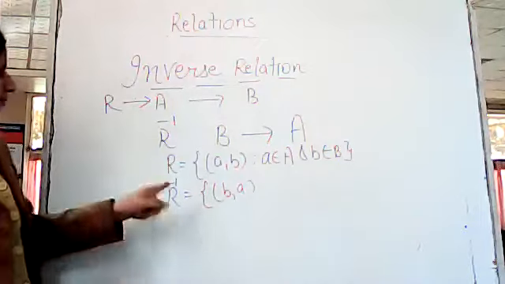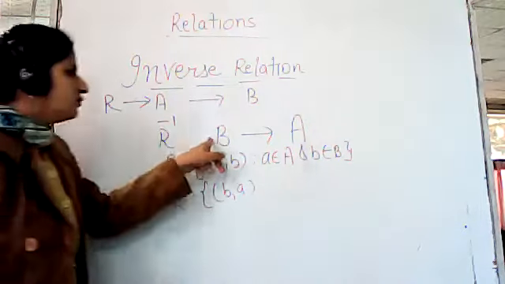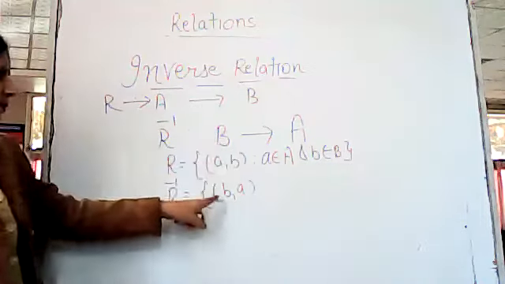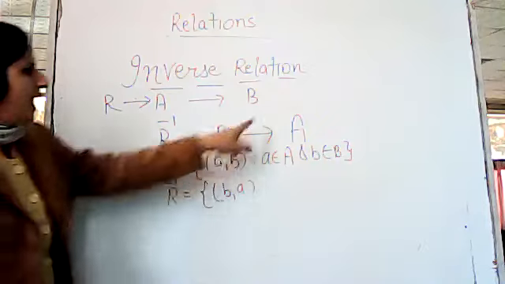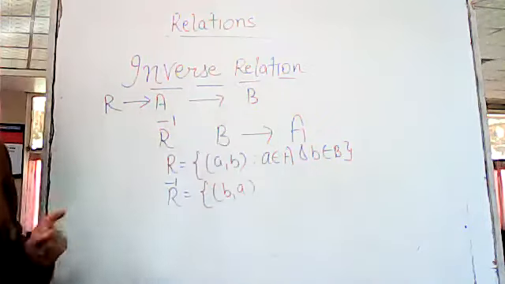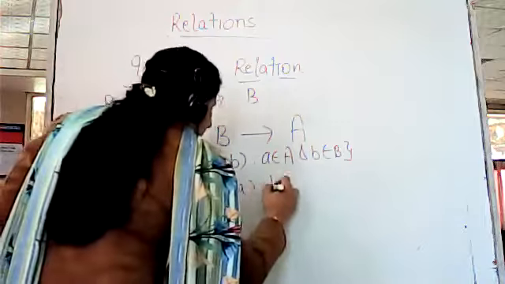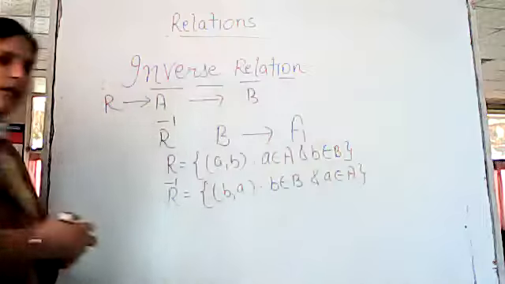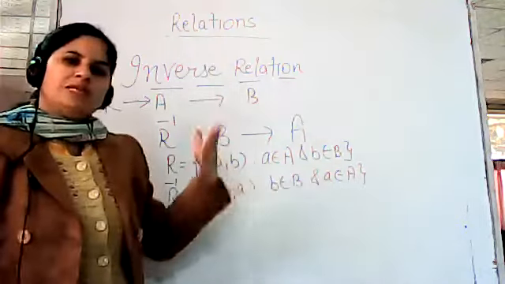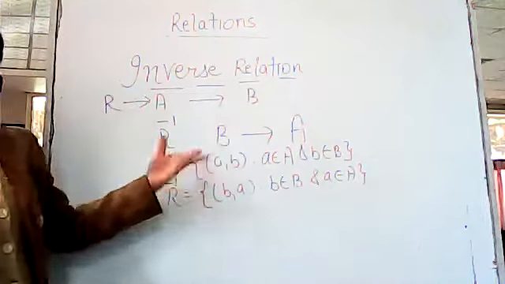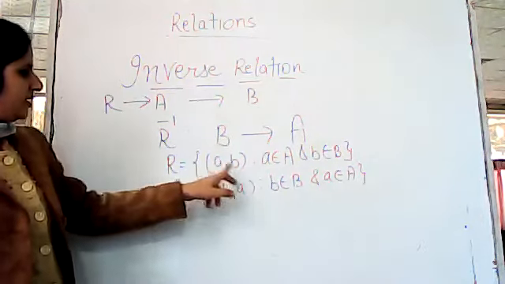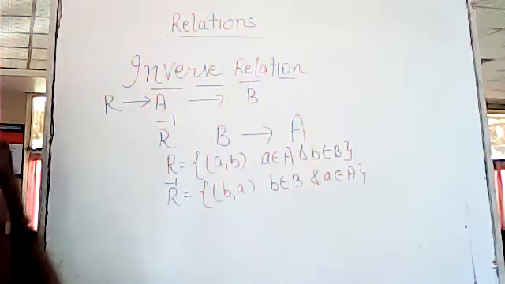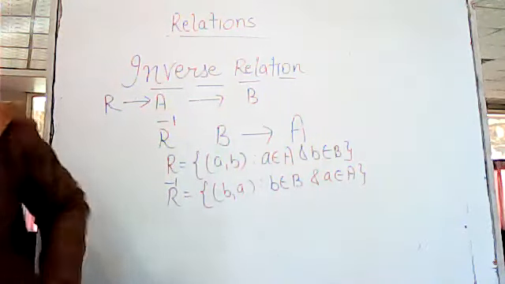Why (b, a)? Because R inverse is a relation from set B to set A. So in this case, the elements of set B will cover the first coordinate and the elements of set A will cover the second coordinate. The elements come from the same set, but their positions are interchanged. The first coordinate becomes the second one and the second coordinate becomes the first one. So this is the definition of inverse relation.